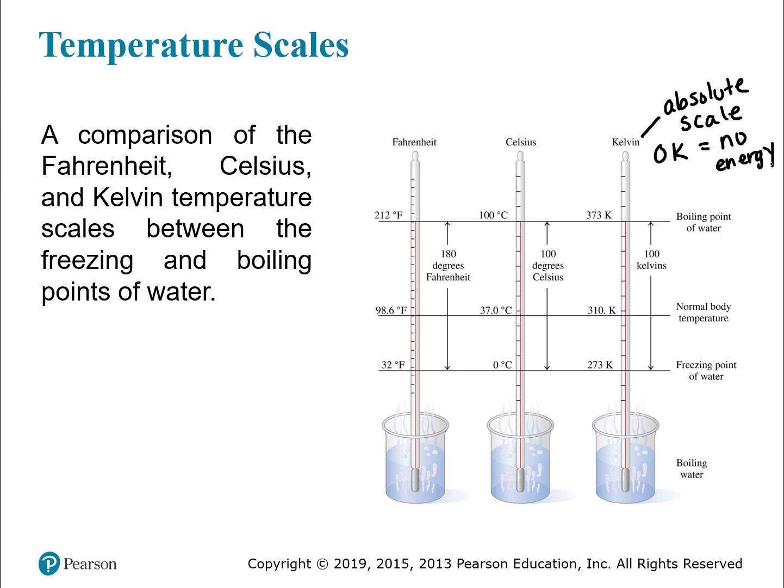Particles are at a standstill. 0 Kelvin is the absence of energy, absence of kinetic energy. With Fahrenheit and Celsius, you can have 0 degrees Celsius, you can have -10, -80, negative whatever number. That's because Celsius and Fahrenheit are relative scales. So know that difference.